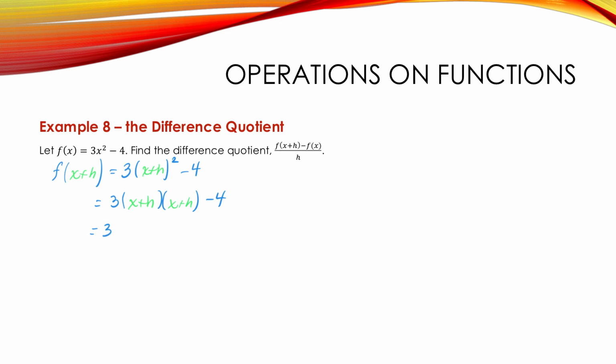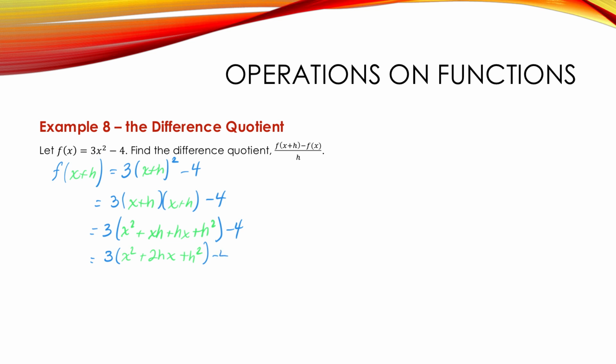So if we do our FOIL or distribution, however you want to think about it, x times x is x squared. And then we have an x times h, we have an h times x, and we have an h squared. And we know that x times h and h times x is the same thing, so we really have 3 times x squared plus 2 hx's plus an h squared.